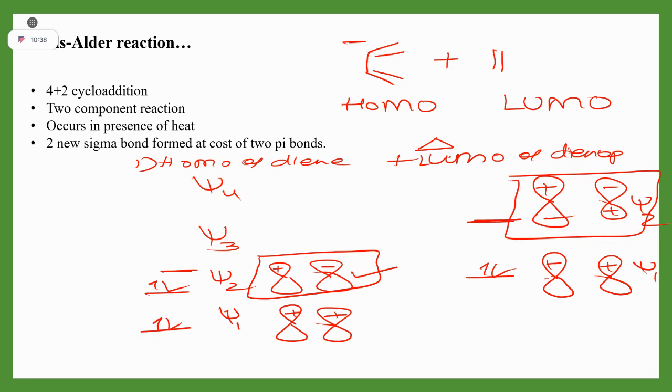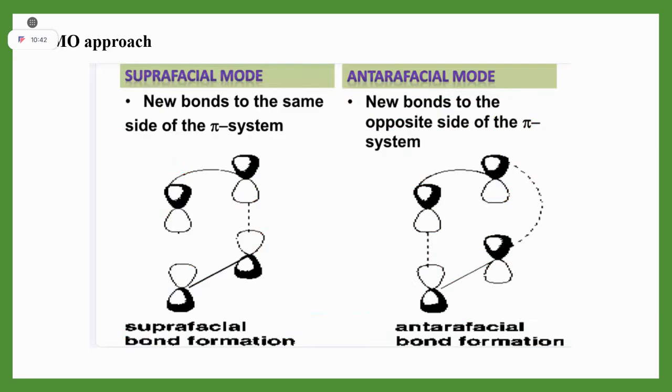Till here it is clear now? Yes, ma'am. Okay. Now, in this cycloaddition type reaction, new terminology comes: suprafacial and antarafacial. When these two lobes interact from the same face, that is suprafacial, and if they have to do constructive overlap from the opposite face, that is antarafacial.